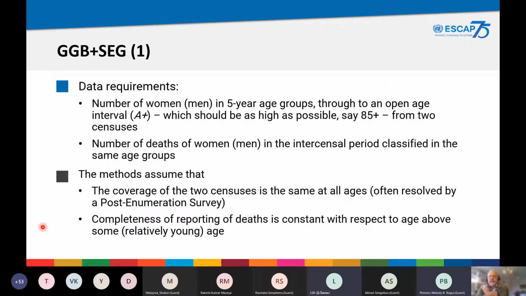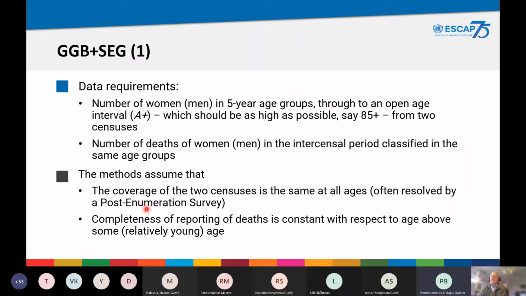And that is usually resolved in many instances by the census agency conducting what we call a post-enumeration survey, which is a survey done immediately after the census has been conducted on a capture-recapture basis to evaluate the coverage of each census, and often that post-enumeration survey is then used to adjust the census results to ensure that it is as good a reflection of the enumeration of the population from each of those censuses.